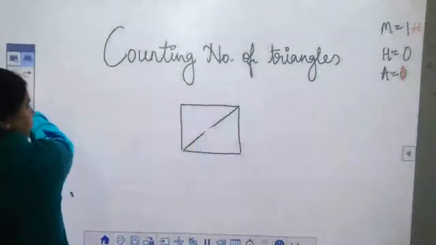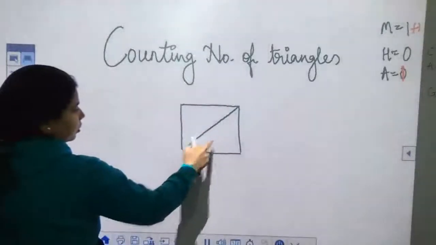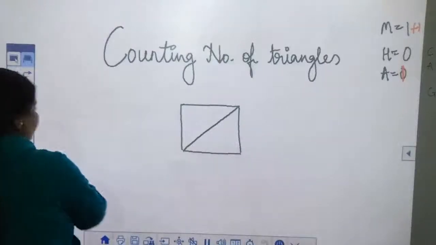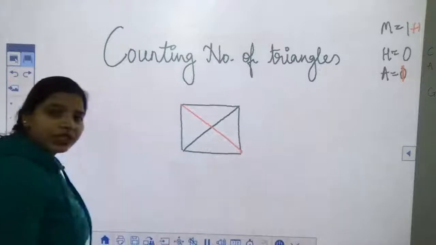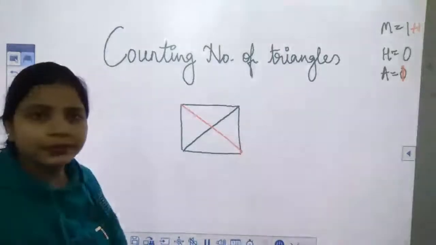Oopsie. If I join this diagonal too, now can you tell me how many triangles are there?